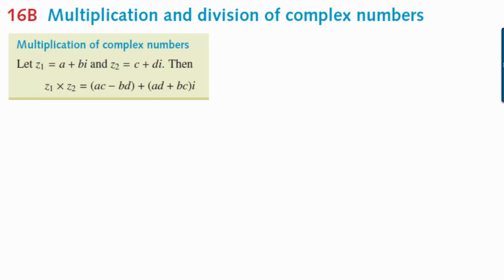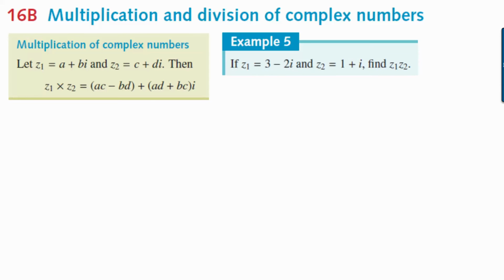Okay, so let's take an example. If you multiply Z1 and Z2, the way they grouped it looks weird and strange, but really, it's still your distributive law, your expansion of two brackets, exactly the same way, except the final part is you add the reals with the reals and imaginary with imaginary.